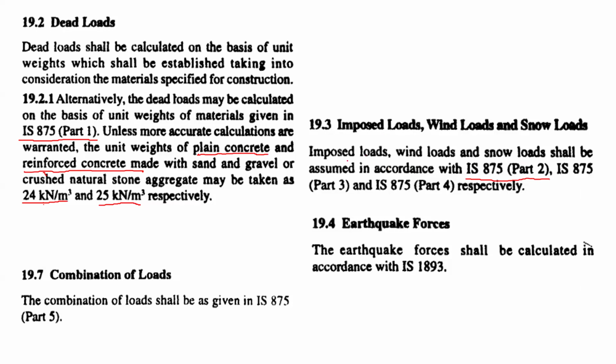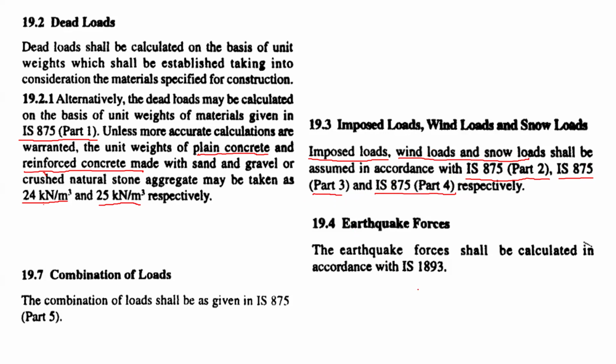So imposed load IS 875 part 2, wind load IS 875 part 3, and snow loads IS 875 part 4. So imposed load, wind load and snow loads are part 2, part 3 and part 4.